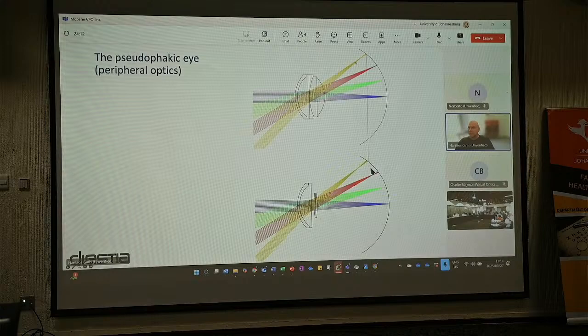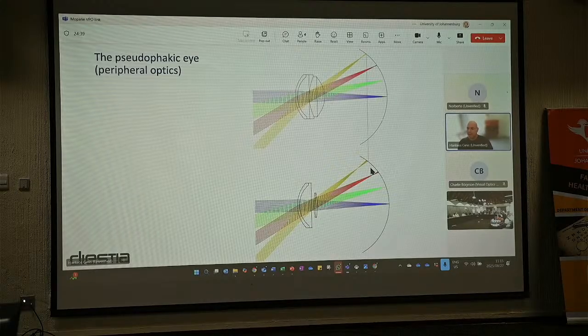And we have noticed, theoretically but also experimentally, that the location at which peripheral fields land on the retina can be affected by the exchange of the natural crystalline lens with an IOL, and we have studies showing how much this is happening and what the impact might be in the living eye after cataract.